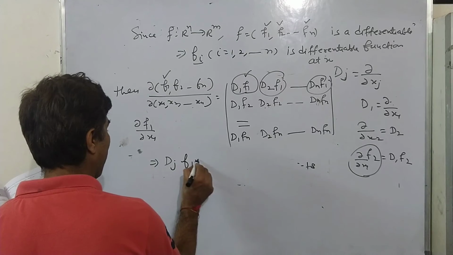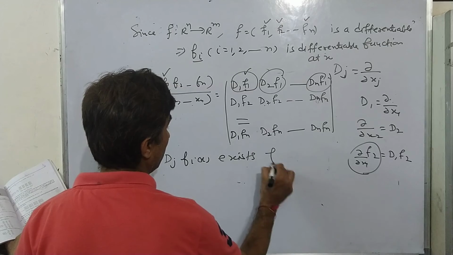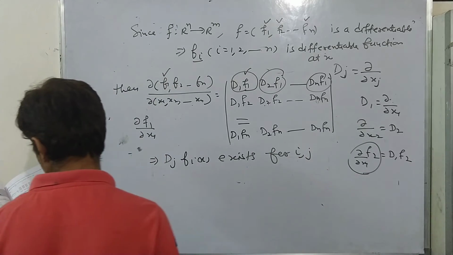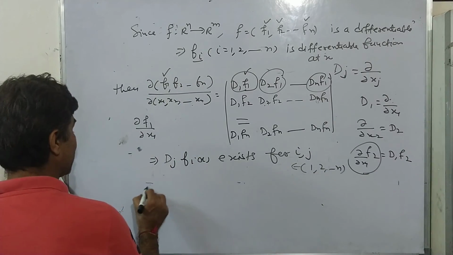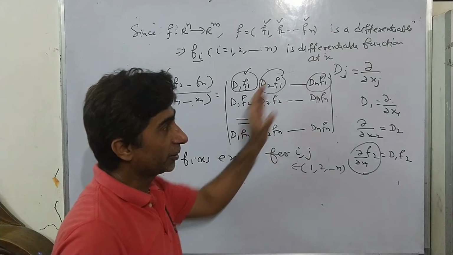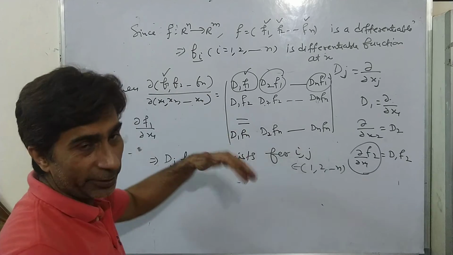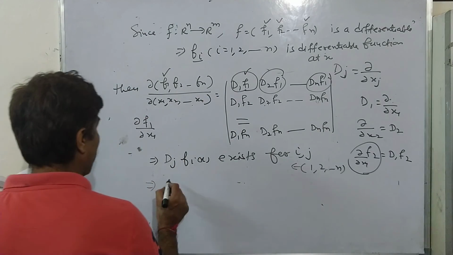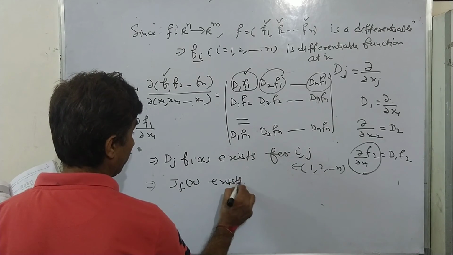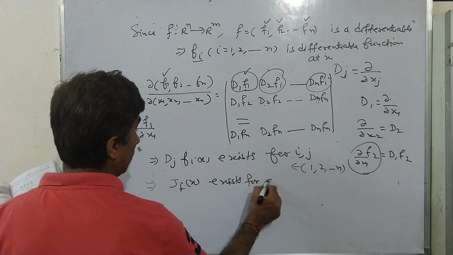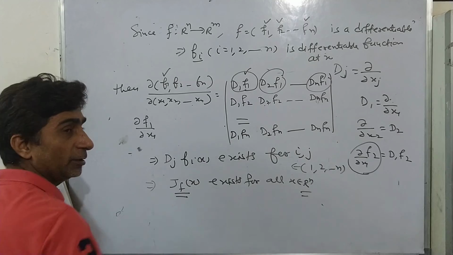This implies the derivatives of fi exist for all i, j. If all these derivatives exist, then the determinant will also exist, and if the determinant exists, then the Jacobian will also exist. This implies the Jacobian of f with respect to x exists for all x belonging to Rn. This is again a notation of the Jacobian.